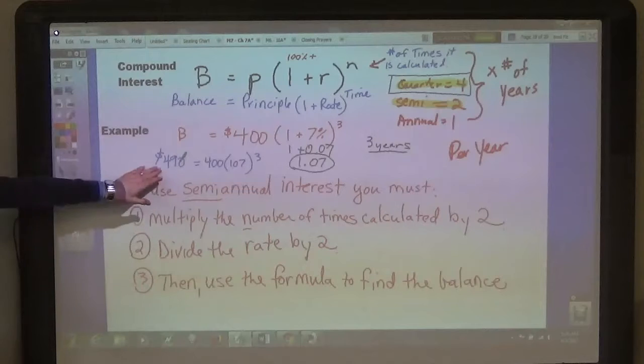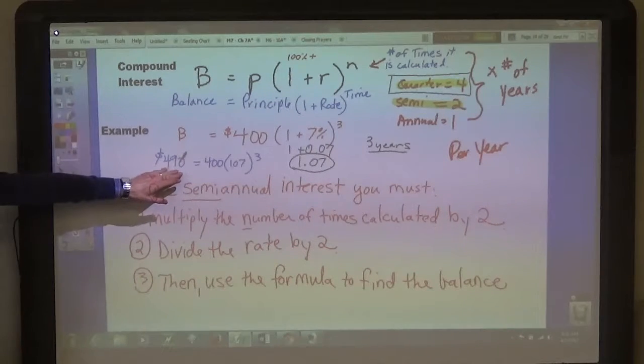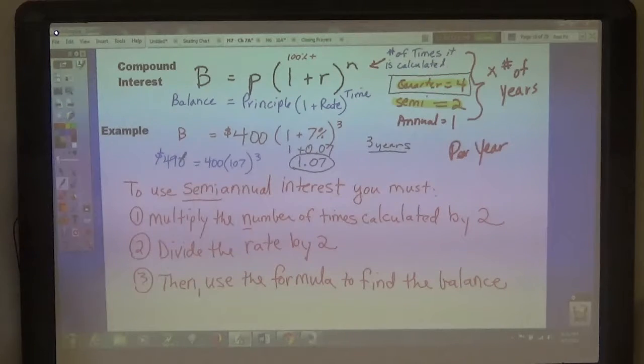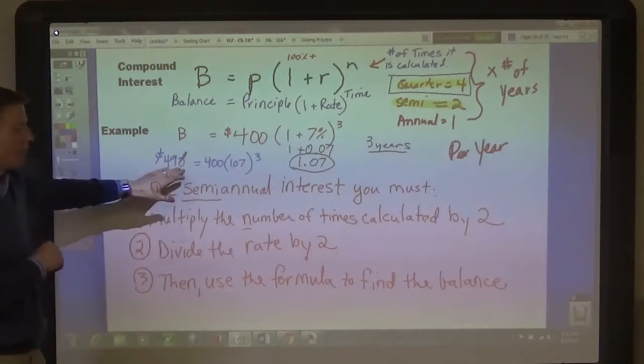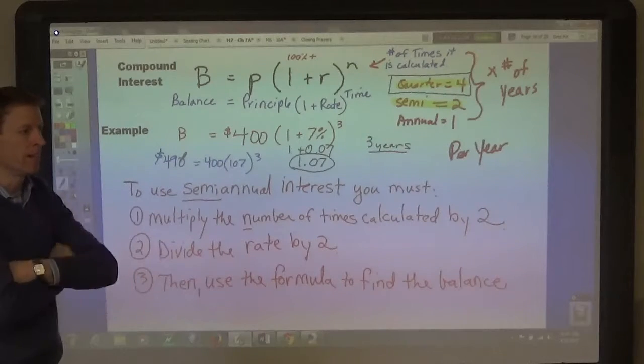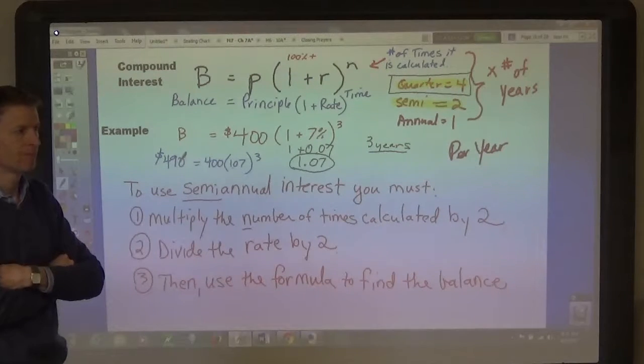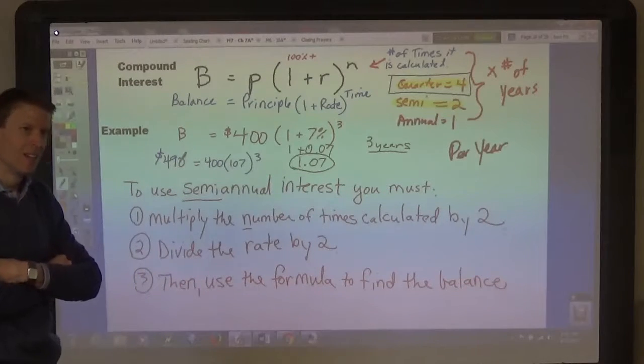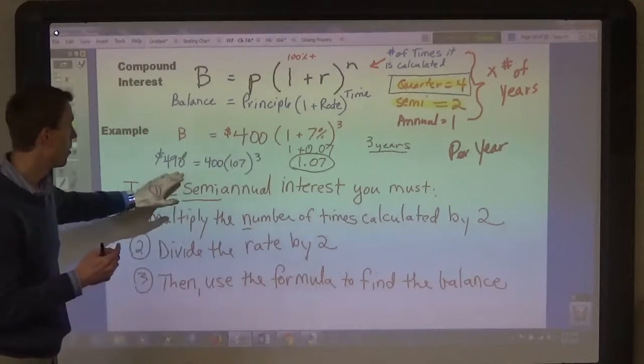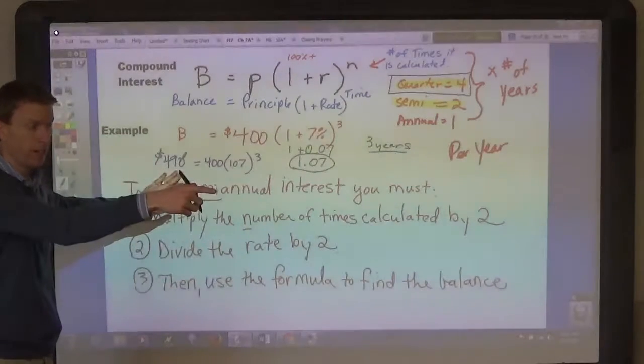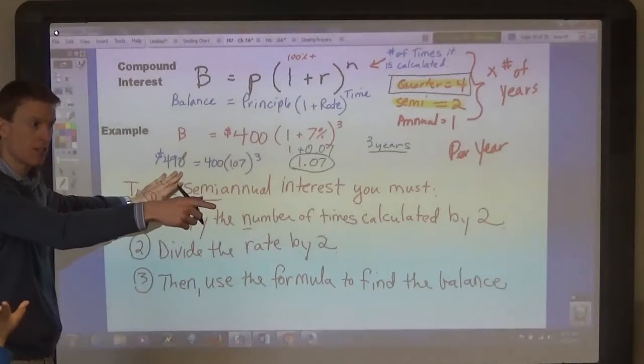What is that number? Where does it come from? Daria, where does that number come from? Well, what does that number mean? It means that's how much you're going to get if you leave your money there for 3 years. Close. Part of that number is that amount, called the interest.